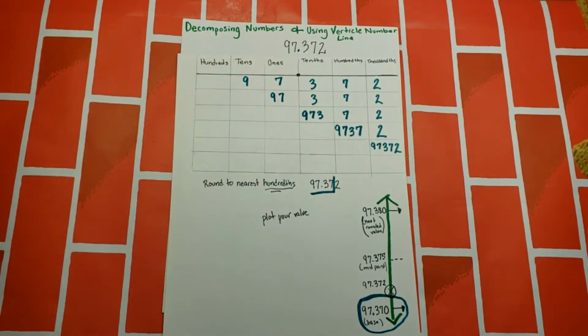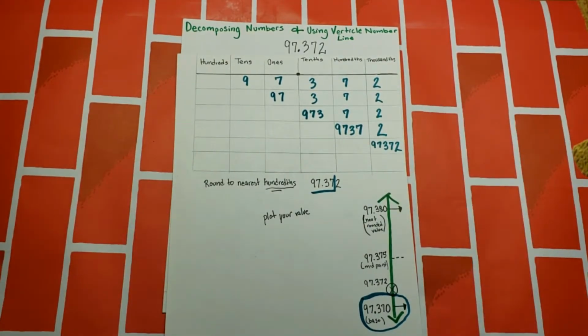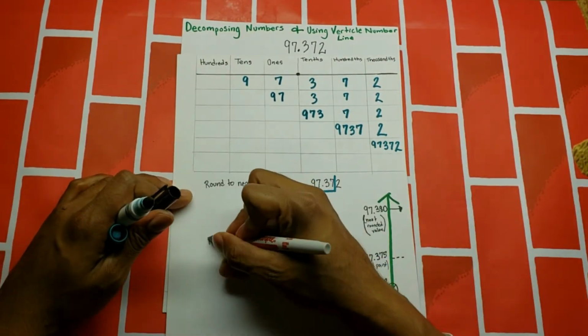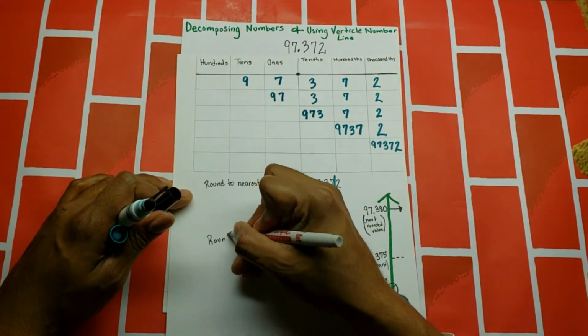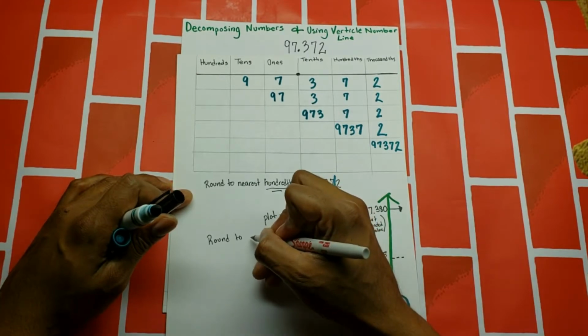Let's try one more example together. So now let's round to the nearest tens.